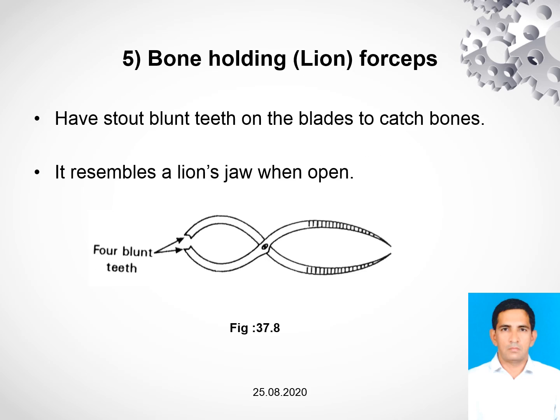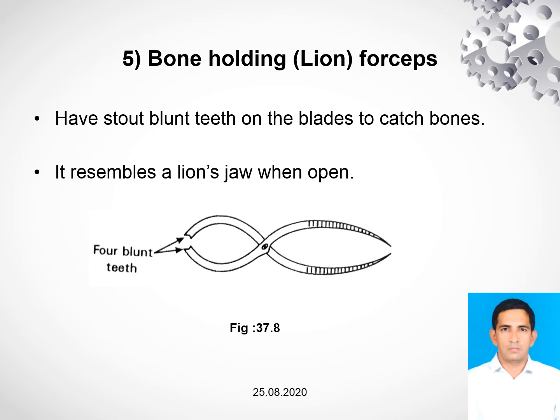Bone holding lion forceps. The Ferguson's or lion bone holding forceps is used for holding the bone during open surgeries of the bone such as fracture reduction and bone realignment.